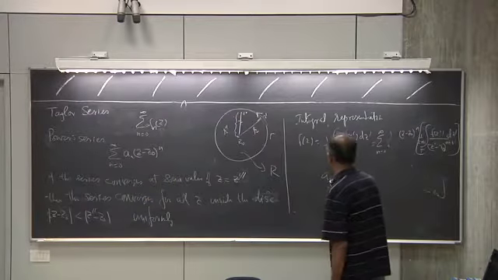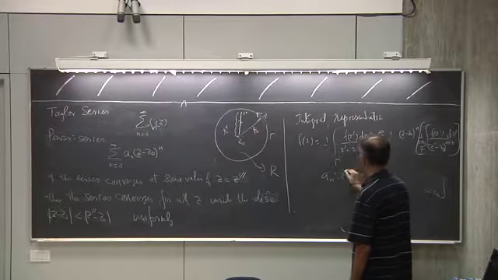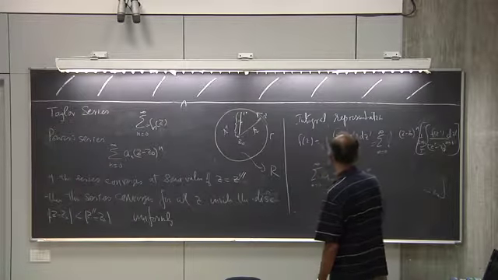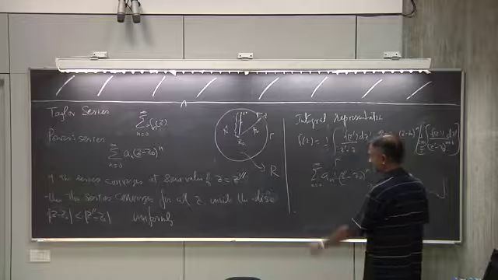So we are saying that the sum of a n times z double prime minus z0 to the n converges. Right? This is what is given to us.